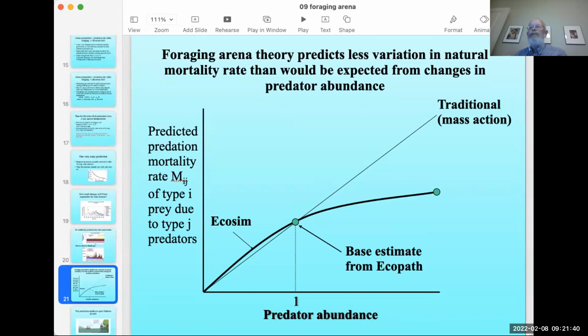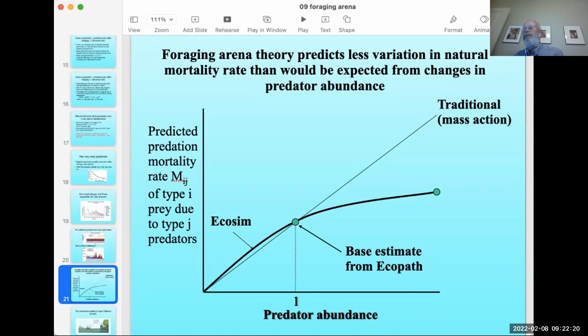What it says is that as predator abundance increases, the amount of not just the mortality rate they cause on their prey, but the amount of food that they can acquire reaches an upper limit because of the behavior of their prey. Fair enough? So think of the y-axis as also an indicator not only of predation mortality rate on the prey, but of how much food the predators get.